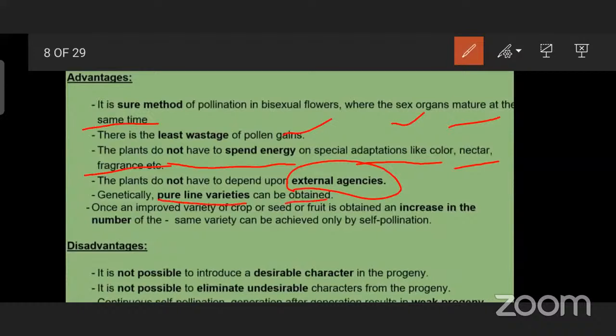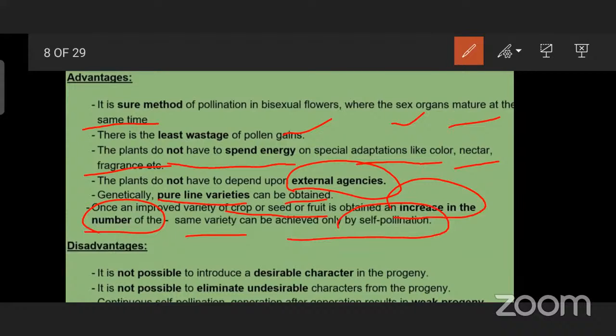Once an improved variety of crop, seed or fruit is obtained, an increase in the number of the same variety can be achieved only by self-pollination. These are the advantages.